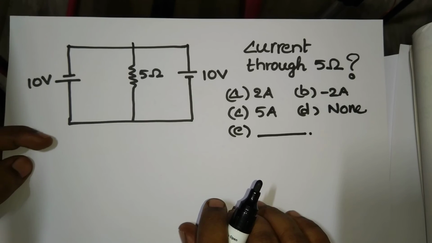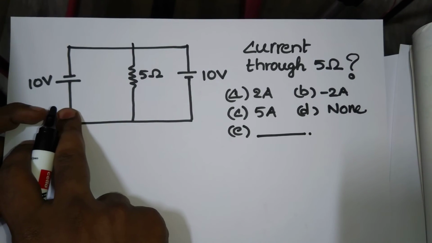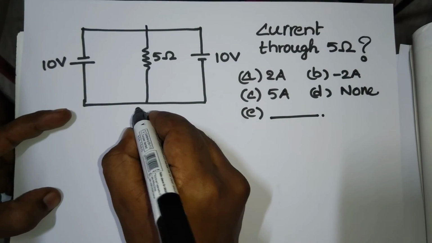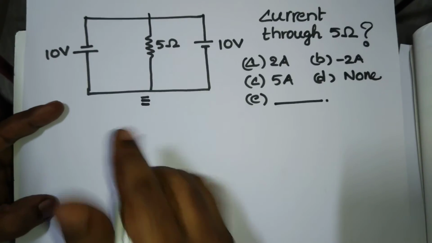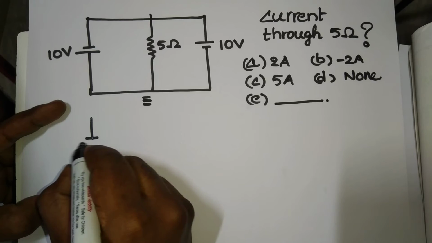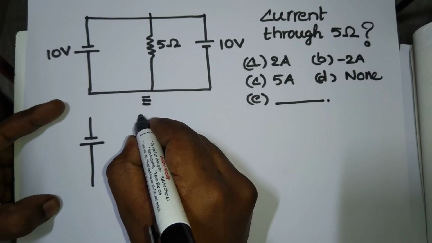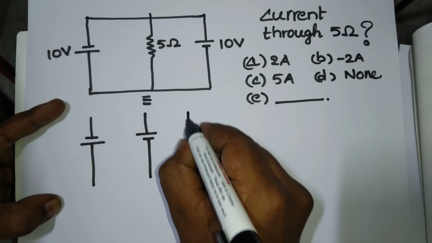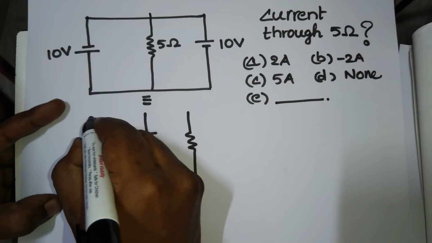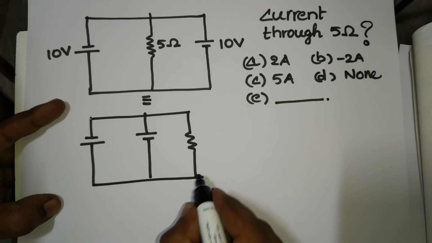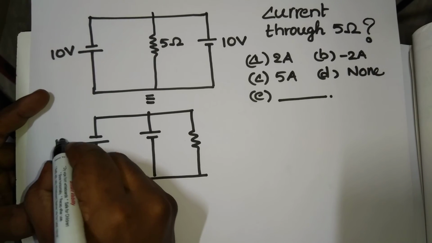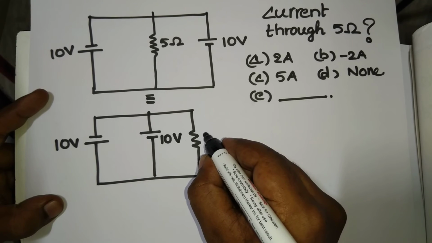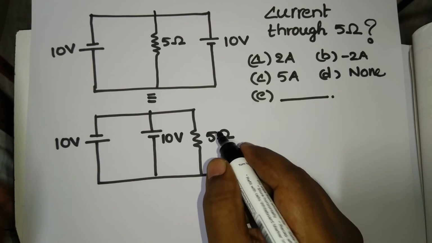Now, in this case, you have the same voltage sources, so we will check it like this. The above circuit is identical to this, so I can redraw it like this. This is 10 volt, and again you have 10 volt here, and this is 5 ohms.